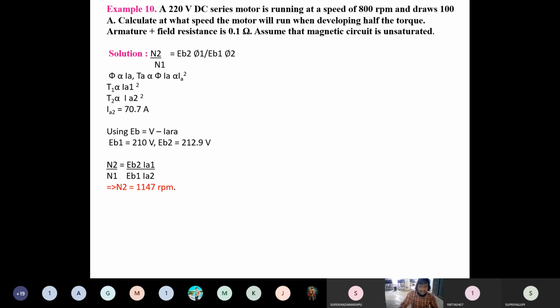So we know the relation as usual, N proportional to EB by phi, N2 by N1 is equal to EB2 by EB1 into phi1 by phi2, right? For a shunt motor, flux is constant. That's why N2 by N1 is equal to EB2 by EB1 in the previous problem. But here this is a series motor. Flux is always proportional to IA, right?